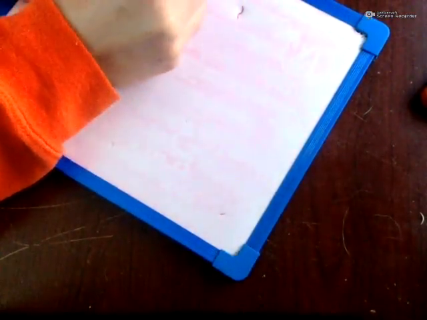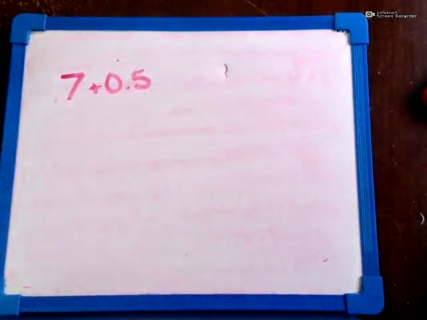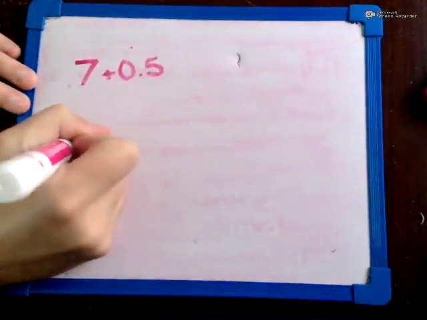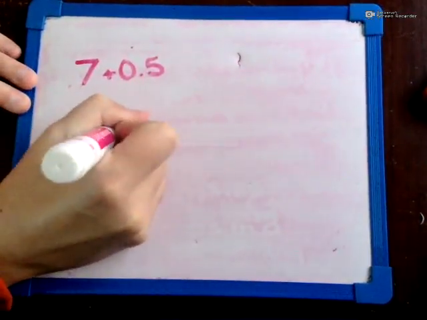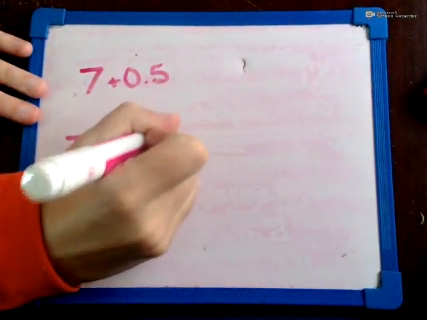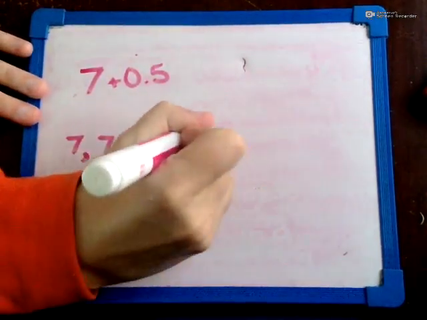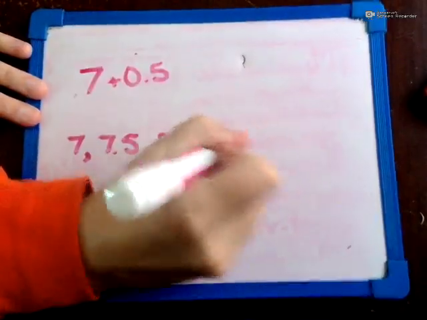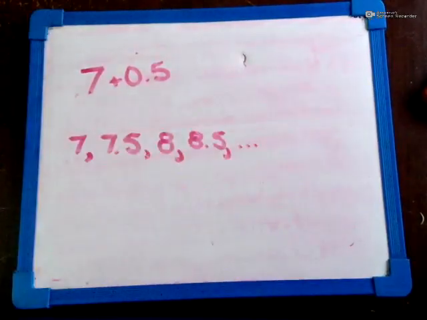So if our first term is 7, then we're going to add 0.5 to get the next term. So that would mean we have 7, and the next term is 7.5. Does that make sense? Okay. And then you would add 0.5, so the next term would be 8. Add 0.5, the next term would be 8.5, and that would just continue on.